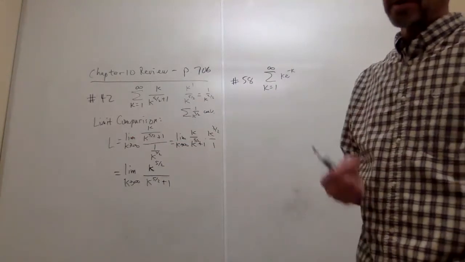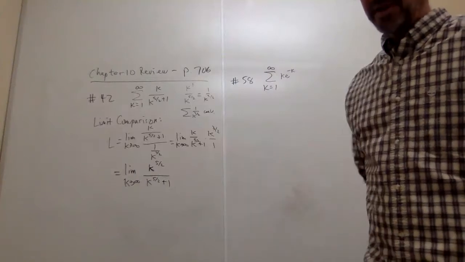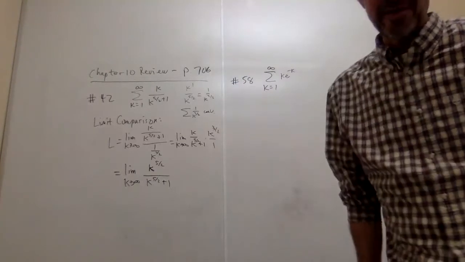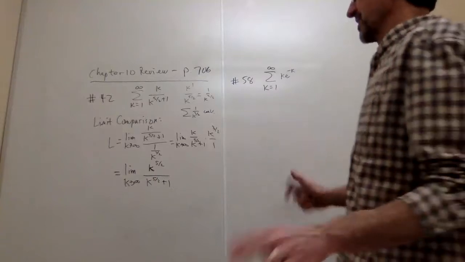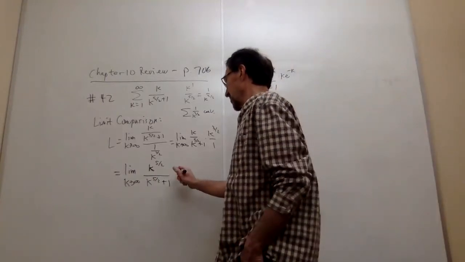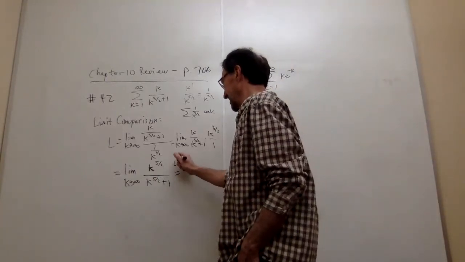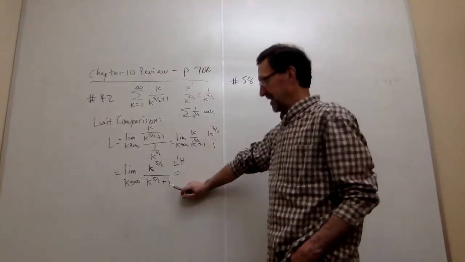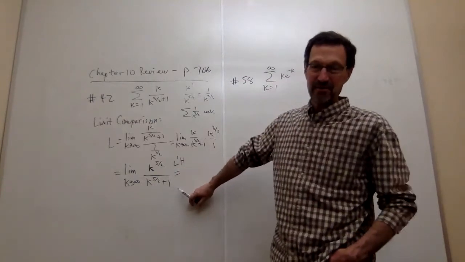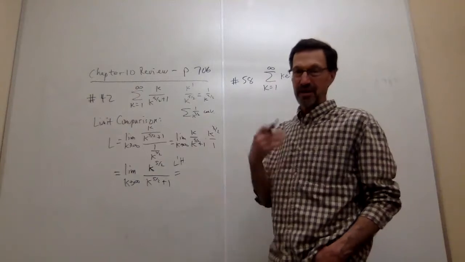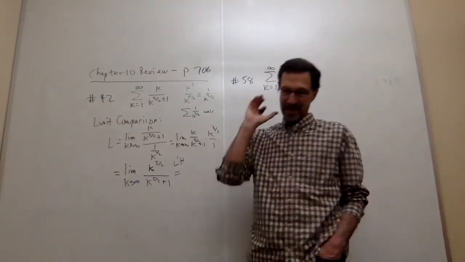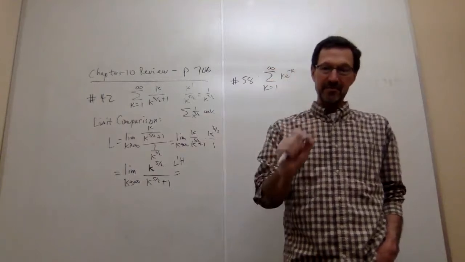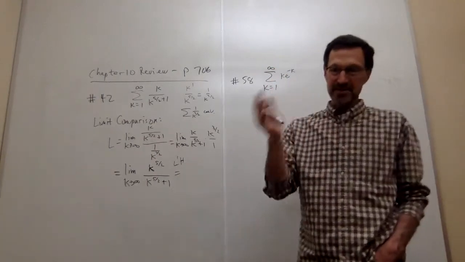If we could think of degree, we don't really define it for fractional powers, but the numerator and the denominator have the same one, 5/2. Now, officially, we could do L'Hopital's rule here. Because the derivative of the top is exactly the same as the derivative of the bottom. So you apply L'Hopital's rule once, and the function turns into the function 1. The derivative divided by the derivative, those are the same, so it equals 1.